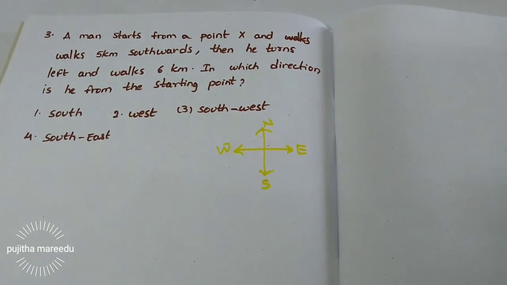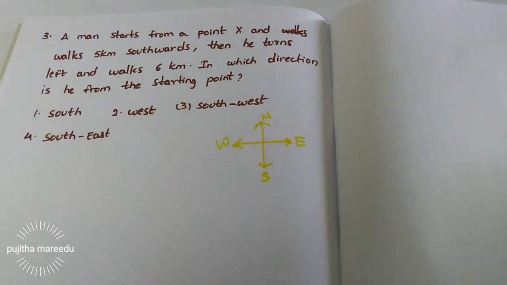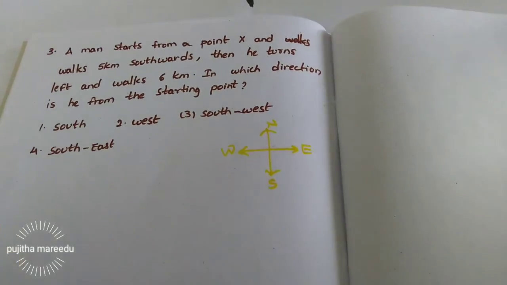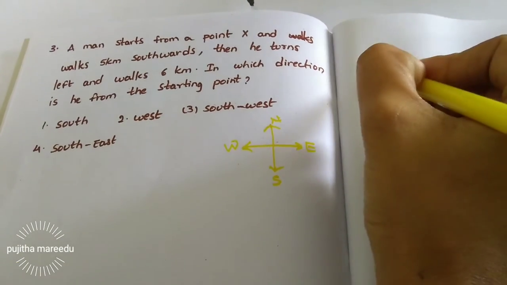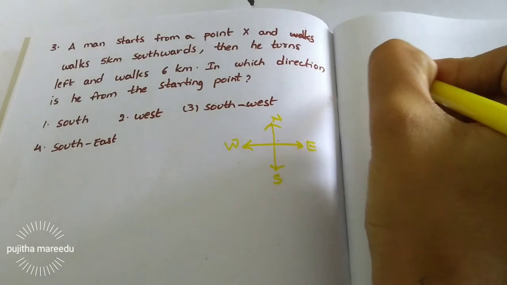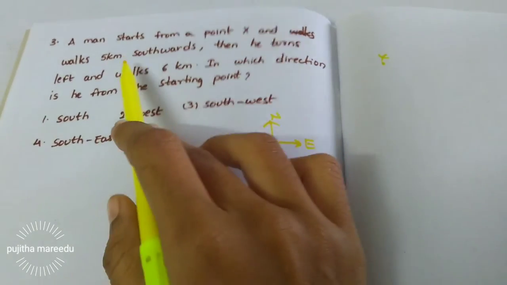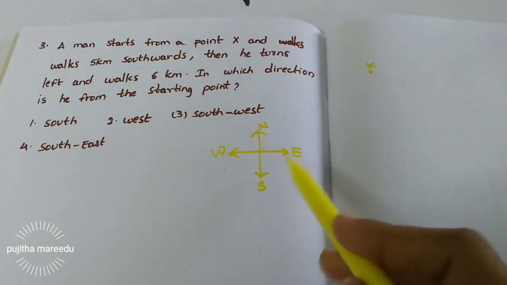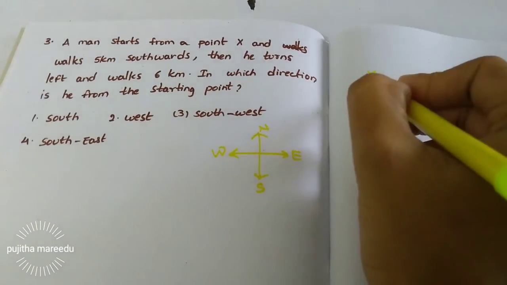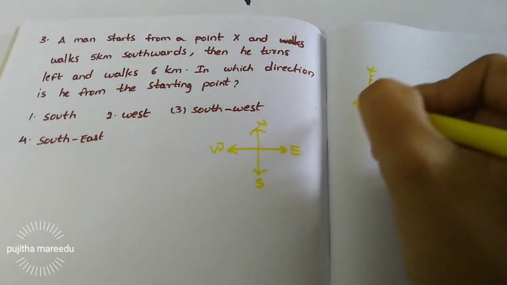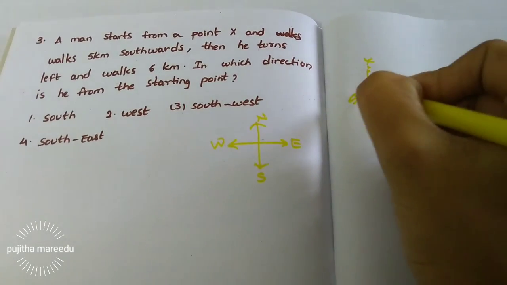First, a man starts from a point X and walks 5 km southwards, means this direction, 5 kilometers.